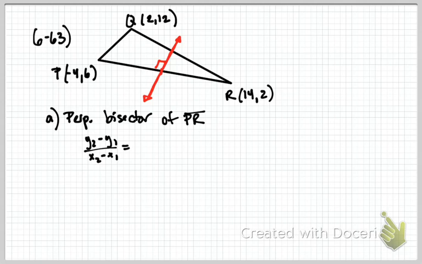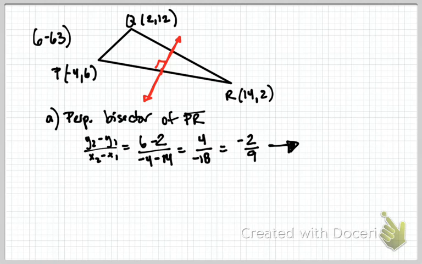This will allow us to find our slope, and then we can find a point on the line. So y2 minus y1, we get 6 minus 2 over negative 4 minus 14. So we get 4 over negative 18, which reduces to negative 2 over 9.